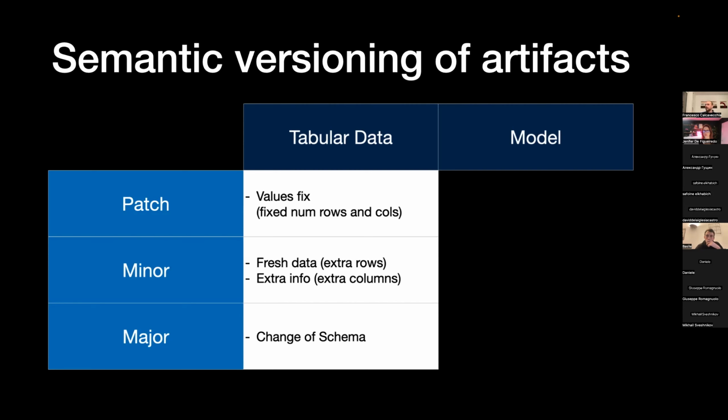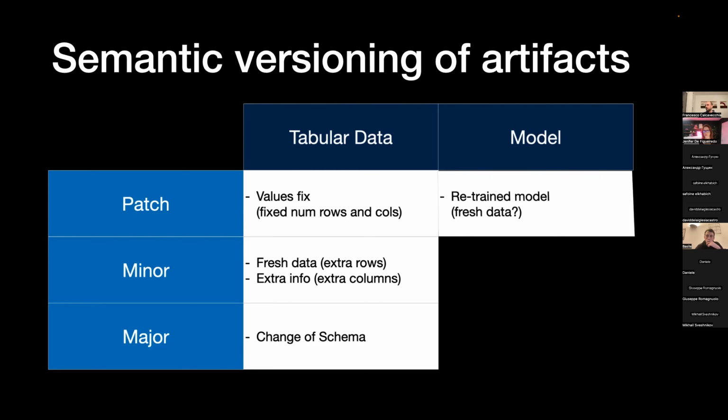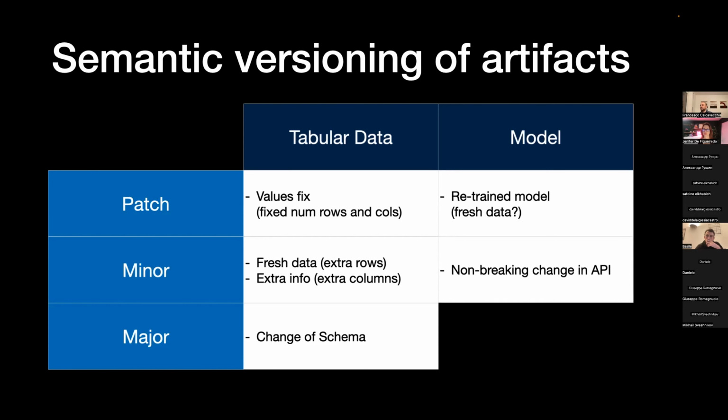Okay, then finally, model. So what is a patch for a model? I think it could make sense perhaps to think that a patch is a retrained model. Maybe you receive some fresh data. So the model, as a black box, is exactly as before, just gives different values because it received fresher data. What is a minor?